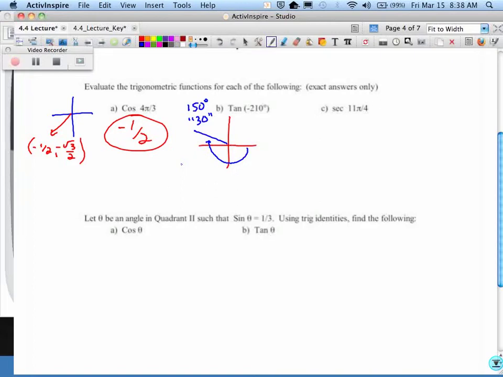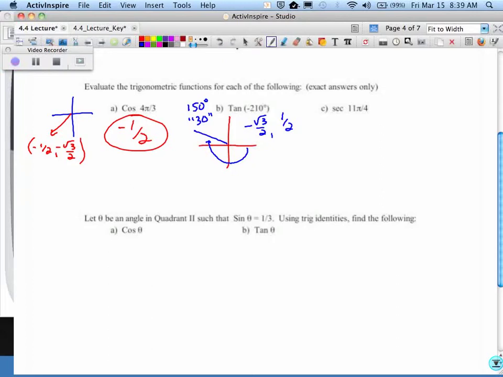So for me, I can just flip my hand trick. I got root 3 over 2, 1/2. And what was that? Negative. Why? Because in the second quadrant, your x is negative. So when you go to do the tangent, you put your sine on top.